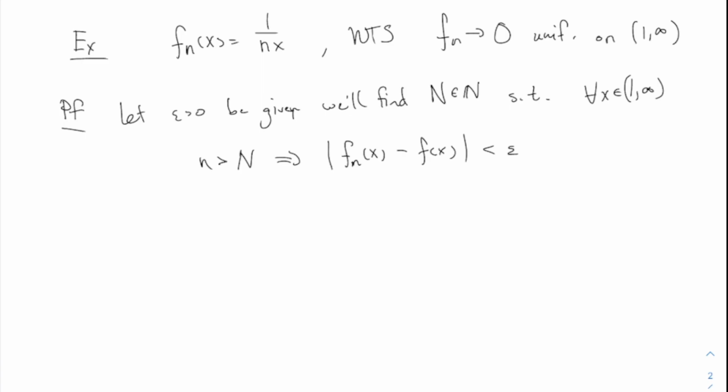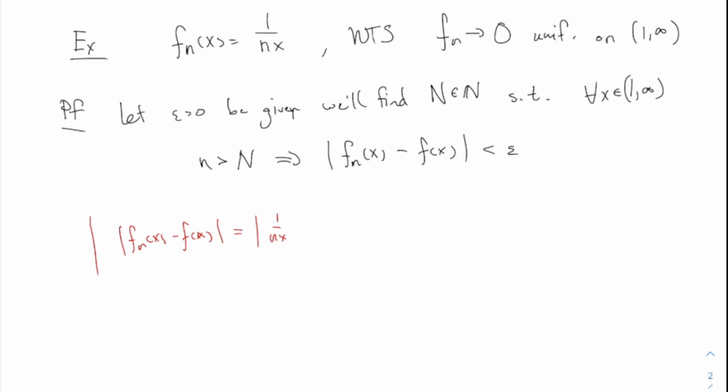All right, the first thing we should do is try to simplify the thing to the right of the big arrow. This is Fn of x minus f of x, where Fn is the sequence of functions that I'm talking about. That would be 1 over nx. And f of x is the function that they are approaching, which I'm taking to be just 0.